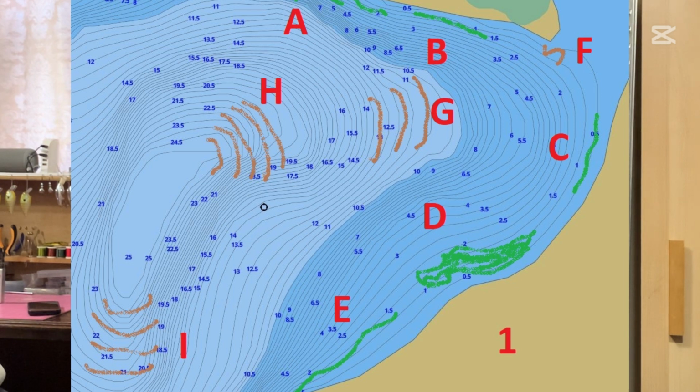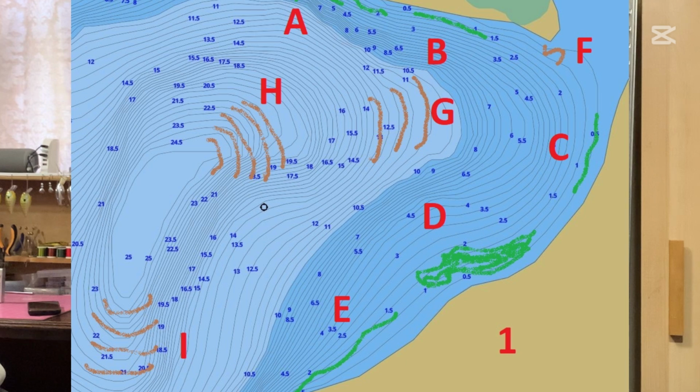So for example, in area G, we're going from 14 foot down to 7 foot. Although it's not really what you would consider to be a point coming up into the lake, it's more of an area where you can fish it from deep to shallow or shallow to deep, depending on the day.